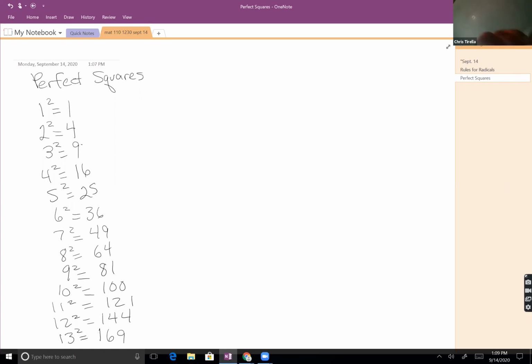So to simplify a radical, we don't want it to have any perfect square factors in the radicand. So I'm going to start with a pretty simple example. I'm going to look at the square root of 18.